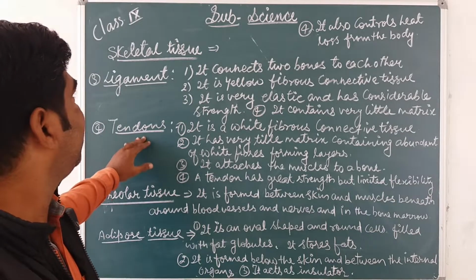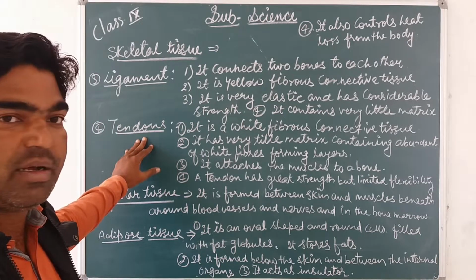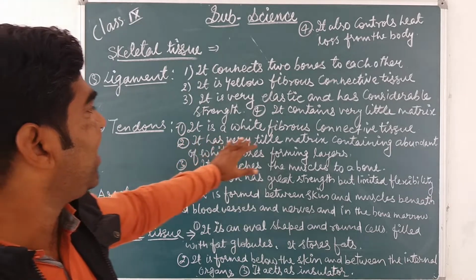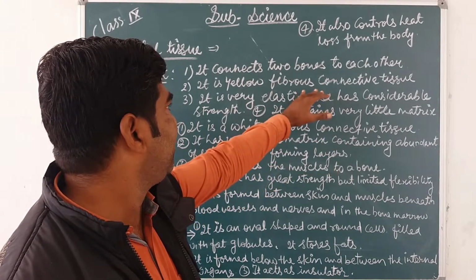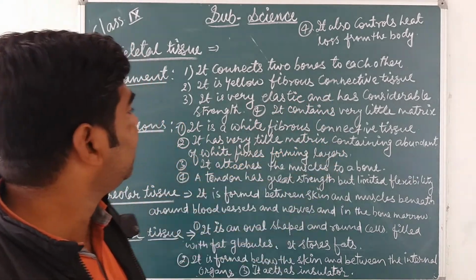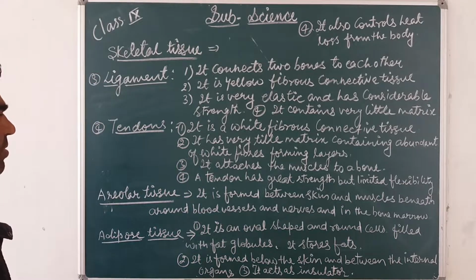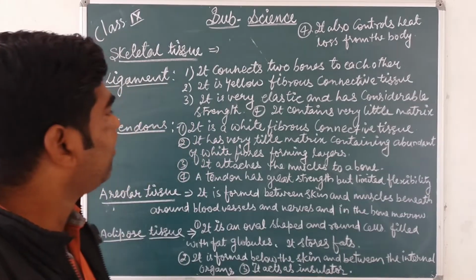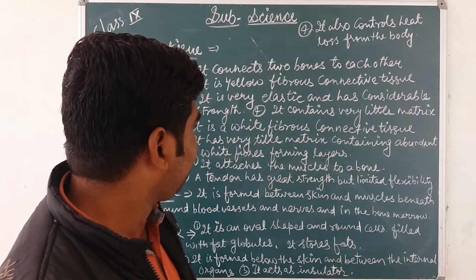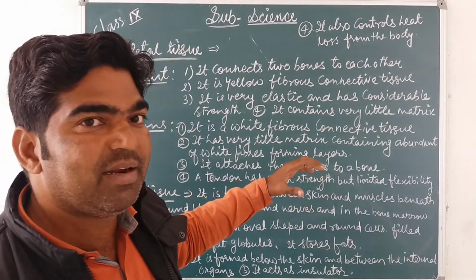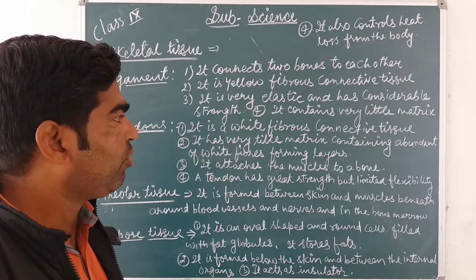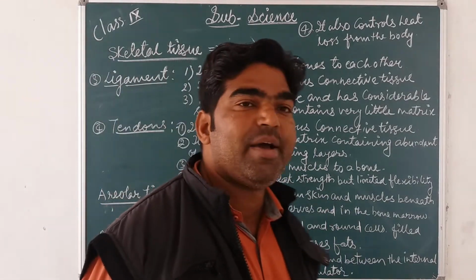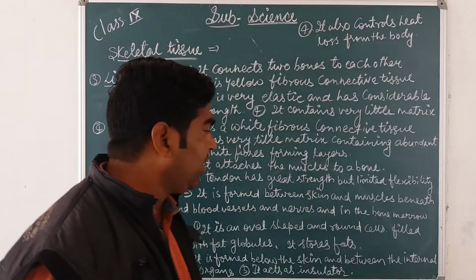Next one, tendons. This tendon is also a skeletal tissue, another connective tissue. It is a white fibrous connective tissue. It has very little matrix, mostly containing white fibrous forming layers.